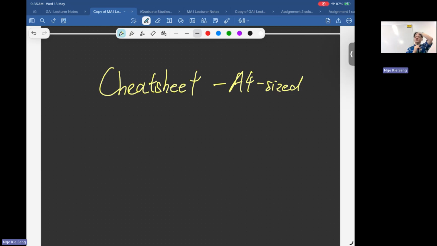Okay, so you can bring a cheat sheet of A4 size. Whatever you want to copy in is fine, but don't try to be sneaky, like putting sticky notes or whatever. If we find that, we just remove it. A4 size means the usual blank A4 paper, and you can do double sided.